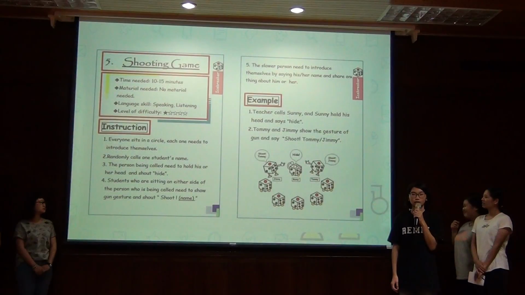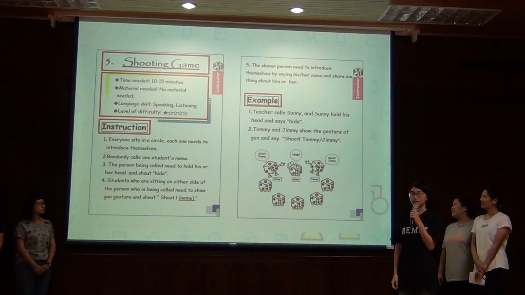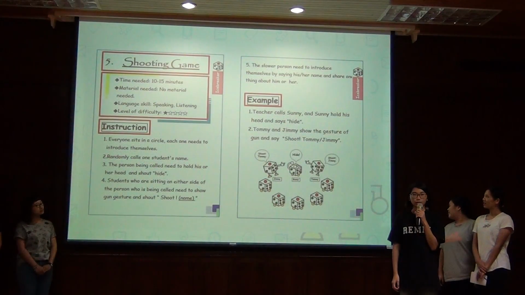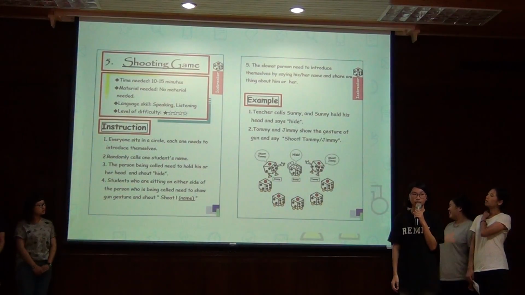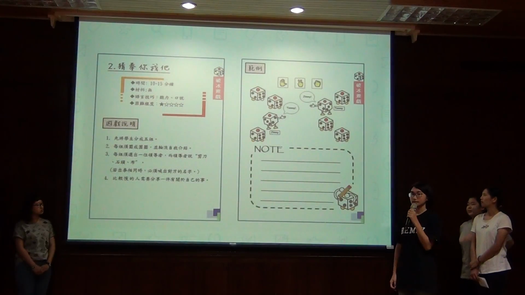The level of difficulty is from easy to difficult, and the instructions are step by step. Each activity has some illustrations, so it can help teachers to understand easily. This is our Chinese version Actipedia.